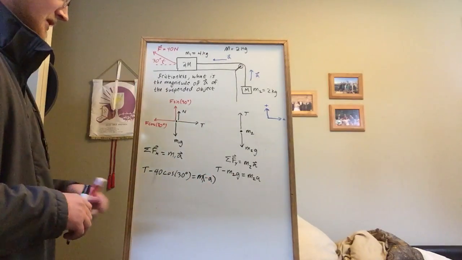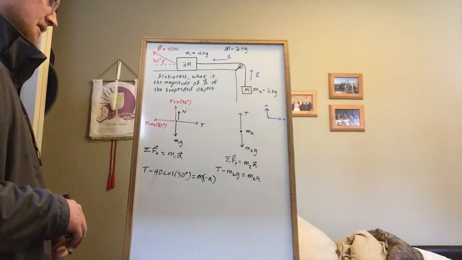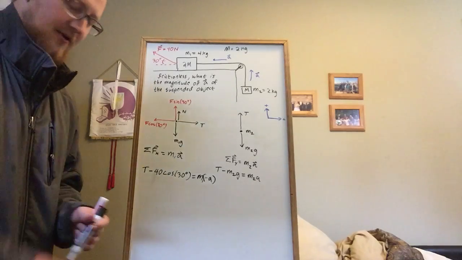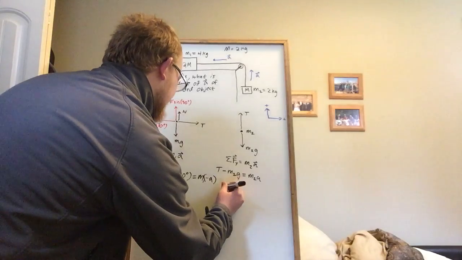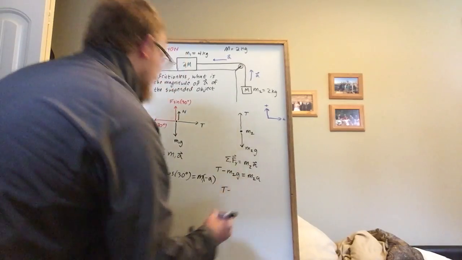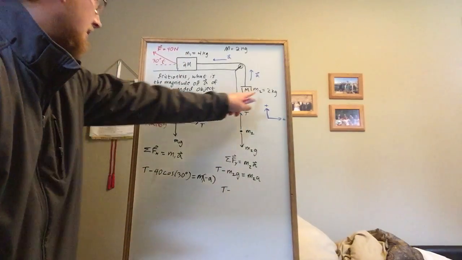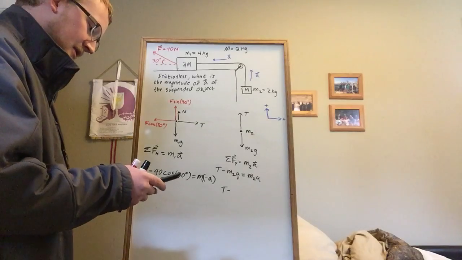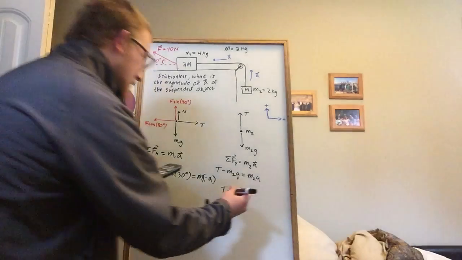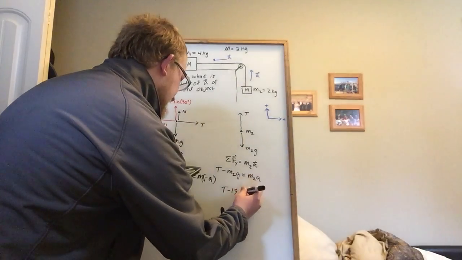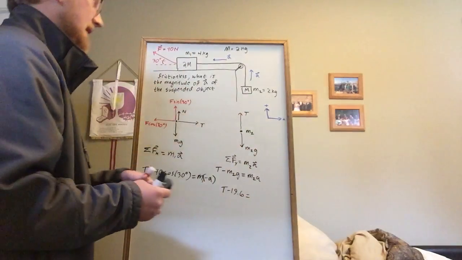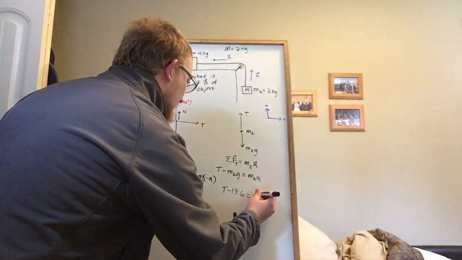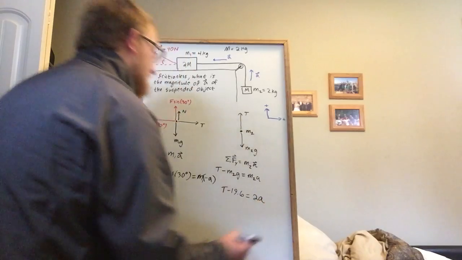This is m1. So we have two equations and several unknowns. Let's plug in the numbers we do know. Over here we have tension, which we don't know, minus m2g. m2 is 2 kg times 9.8. That gives us 19.6 is equal to m2 times a. Well, we don't know a, but we do know that m2 is 2.